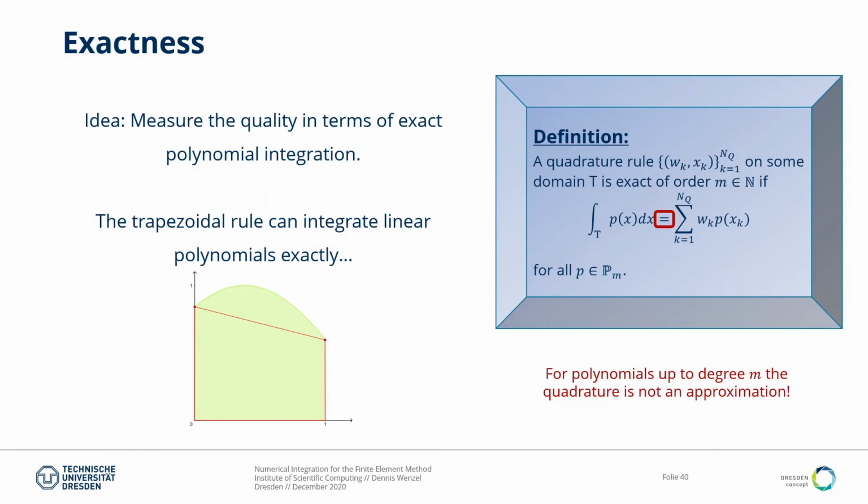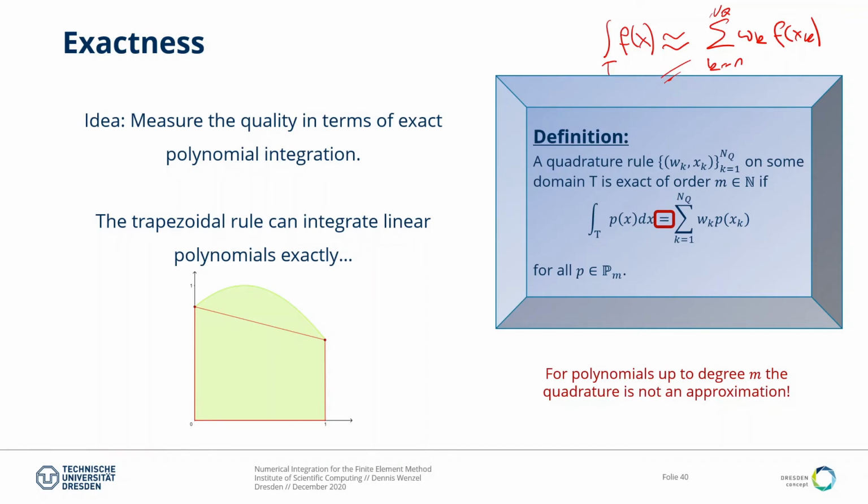Usually in the definition, the application of my quadrature rule is to approximate the integral over f of x, this is important here, by my summation over the quadrature points. But when you talk about exactness, it means that up to a certain order of polynomials, so all linears or all quadratic or all cubic polynomials, can be integrated exactly.